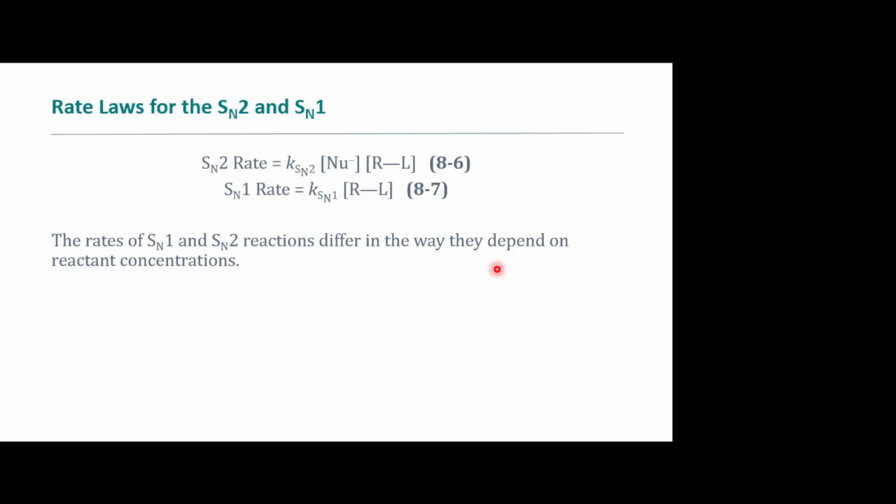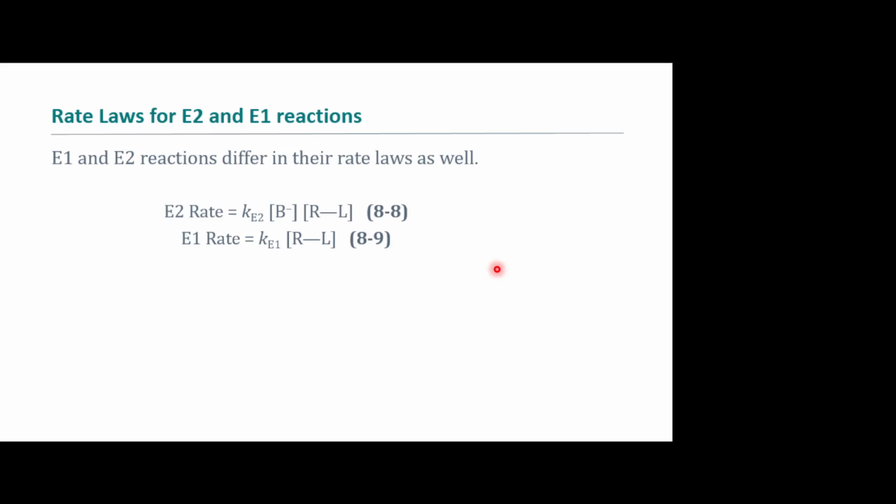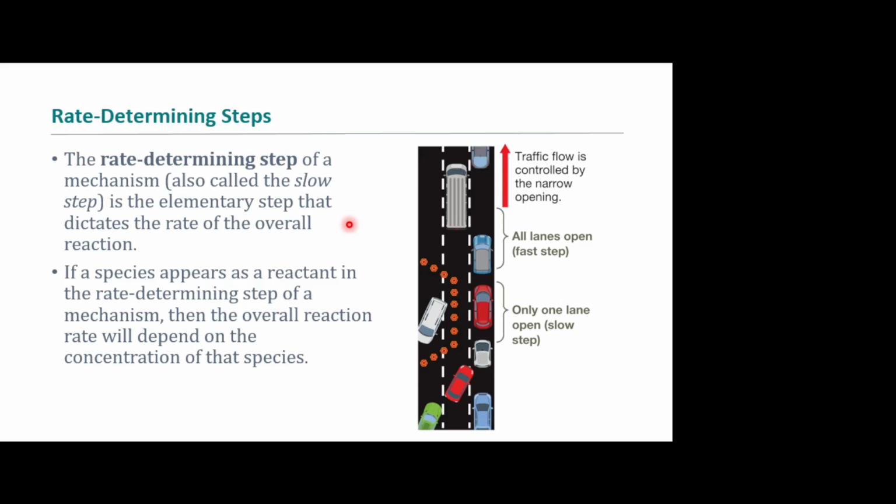And so your E1 and SN1 reactions have the same sort of rate law here. Your E2 reaction, on the other hand, is going to have the base attacking the hydrogen, and so you'll have a second order reaction again. That's where the 2 comes from. And that gives you your rate law for E2.